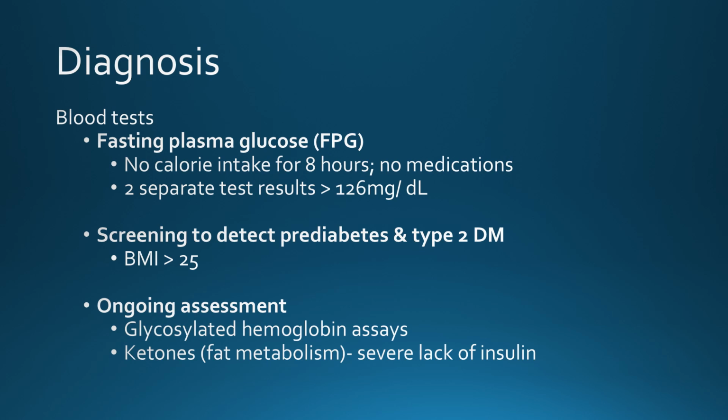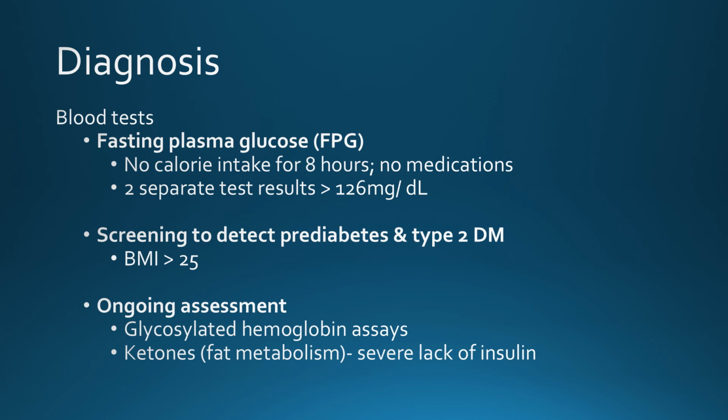All right, we can also do some screenings to detect prediabetes and type 2 diabetes. So in individuals who are obese, because we know that patients with obesity are at higher risk for developing type 2 diabetes, these individuals are going to be encouraged to have those screening fasting plasma glucose drawn so that we can help to determine if they do potentially have either prediabetes, which means just some slight insulin resistance or the start of insulin resistance, or if they are actually developing type 2 diabetes.